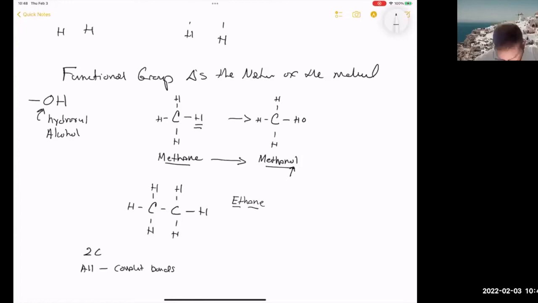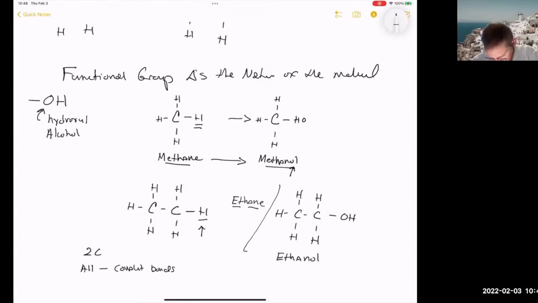So I can take ethane and I will replace one of these hydrogens with a hydroxyl group, and I will create a new molecule. And I will create something called ethanol. Ethanol. What is ethanol?